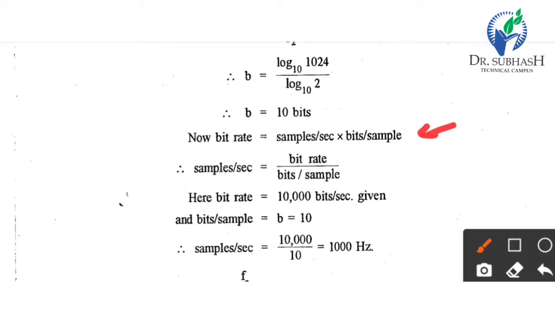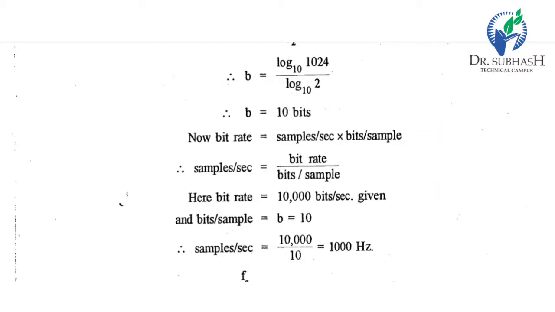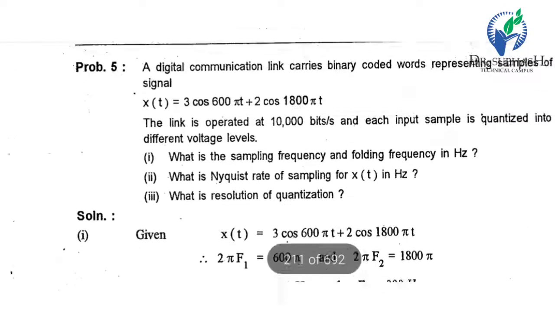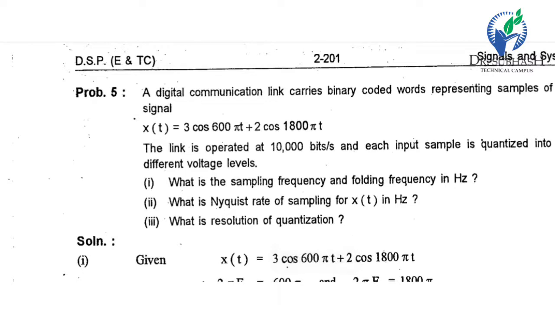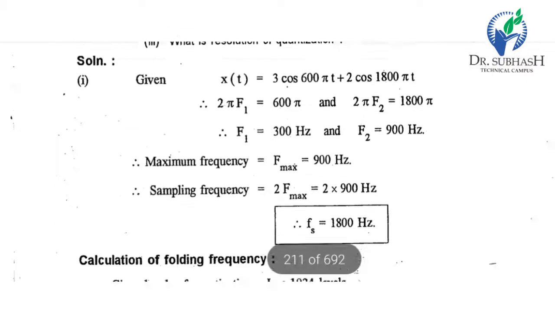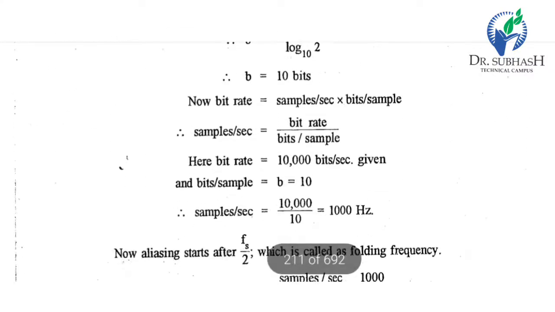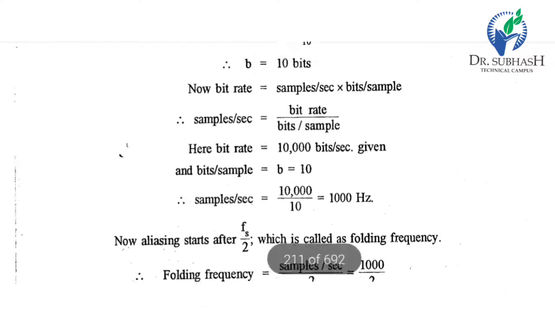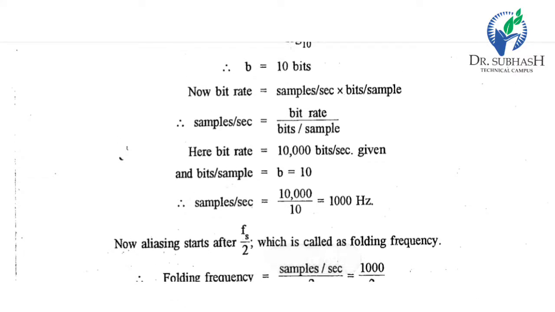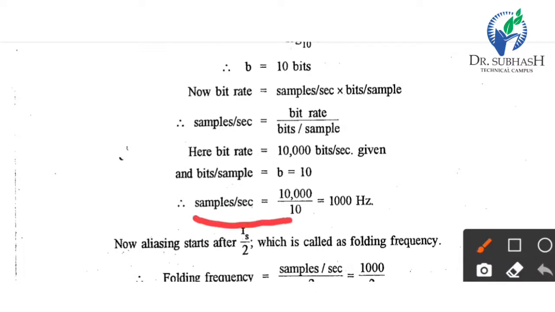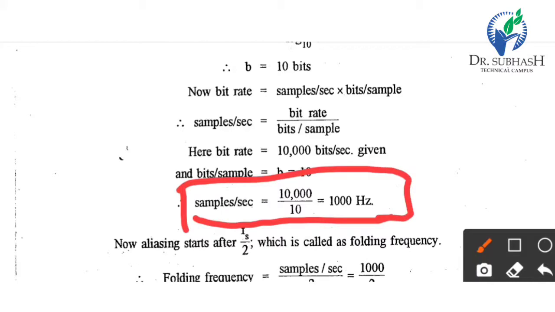So bit rate is 10,000 bits per second as given in the question, and we know the bits per sample, that is B. So samples per second equal to 10,000 divided by 10, that is 1000 Hz.